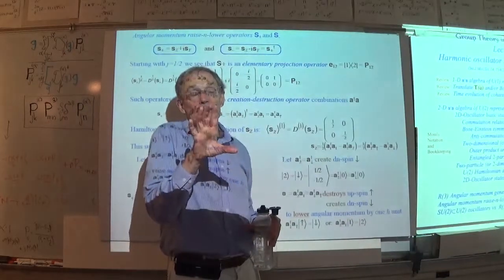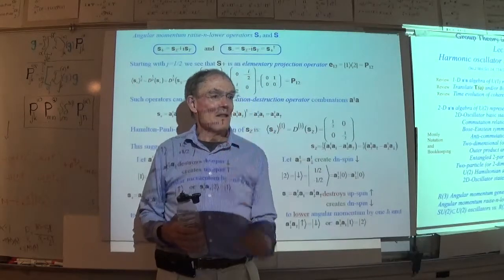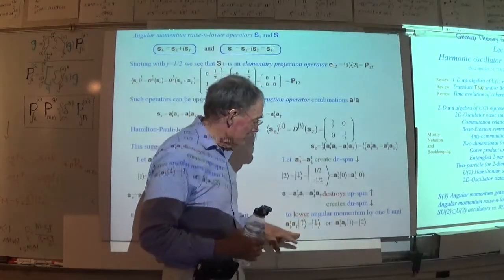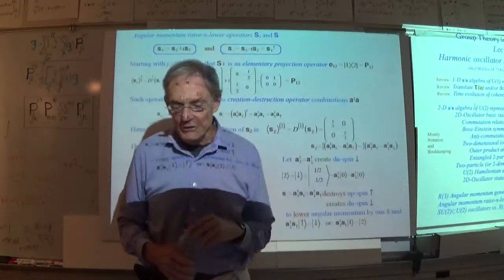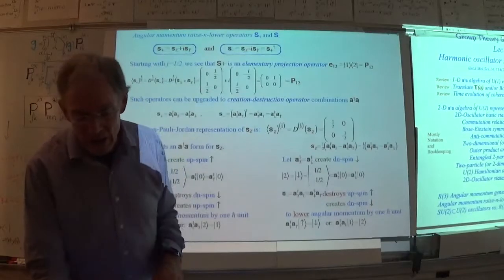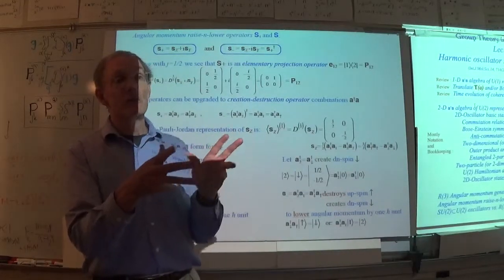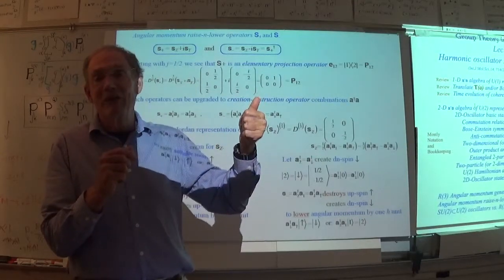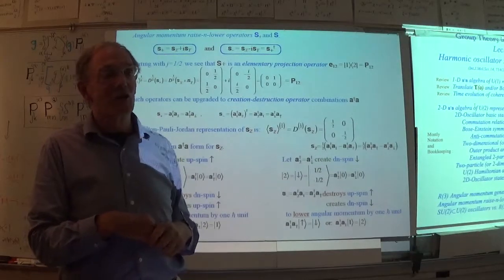Some weird ellipse this way, and the other one some weird ellipse this way, and they're called 1 and 2. So this is a more general expression of what the creation and destruction operators can do, and they come in many varieties. Remember, you can take any linear combination of creation and destruction operators and call it your new creation operator, and then the orthogonal complement is your new destruction operator.